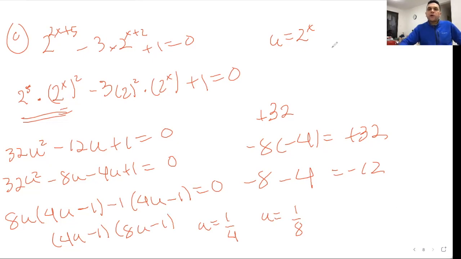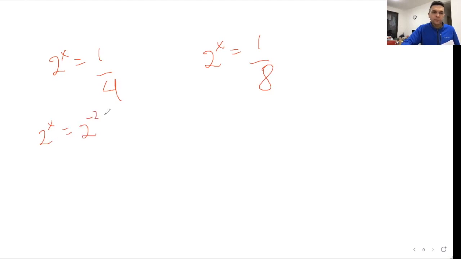Okay, now remember that u equals 2 to the x, so I can just substitute this. 2 to the x equals 1/4 and 2 to the x equals 1/8. And solve. So this would be 2 to the x equals 2 to the negative 2, and this means x equals negative 2.